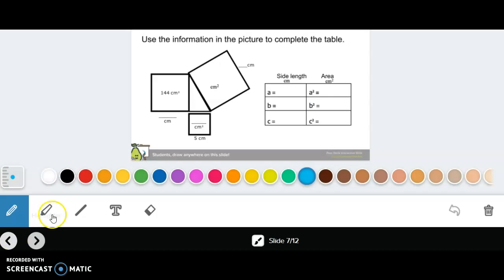So for instance, for side A, that's my shortest side, I'm given the length of that side, which is 5, right? So it's going to be my job to figure out what 5 squared is. So 5 times 5, easy one, we do that in our head, 25, right?